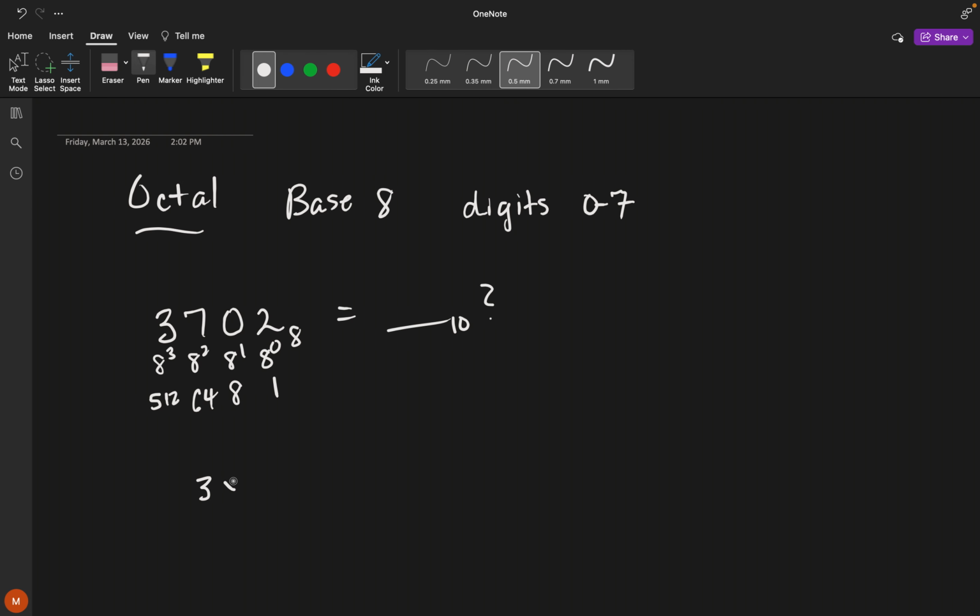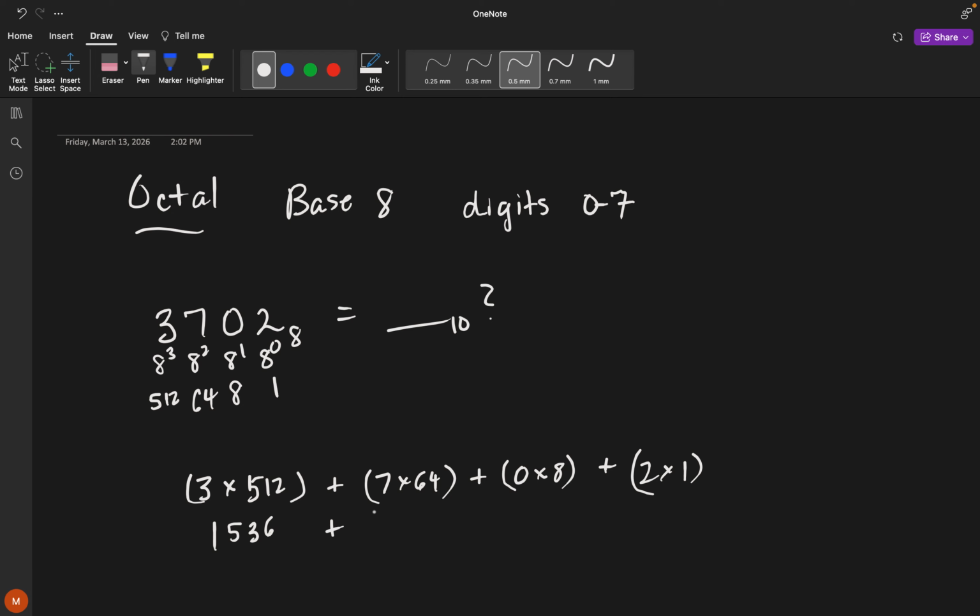So we would have 3 times 512 plus 7 times 64 plus 0 times 8 plus 2 times 1. 512 times 3 is 1,536. 7 times 64 is 448. 0 times 8, of course, is 0.